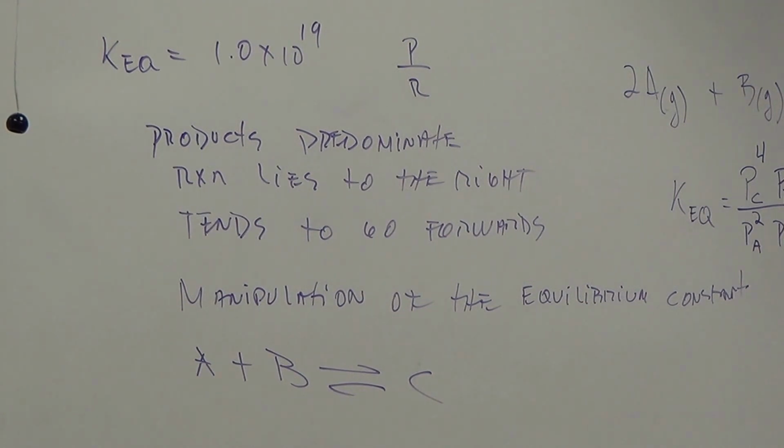Doesn't it go away from the product? No. That has nothing to do with that. Le Chatelier's principle is only used when you disturb the equilibrium. So when you add something to the equilibrium, that's what happens. But this is just equilibrium without touching it. So you're right, only for Le Chatelier's principle, which means you change stuff.